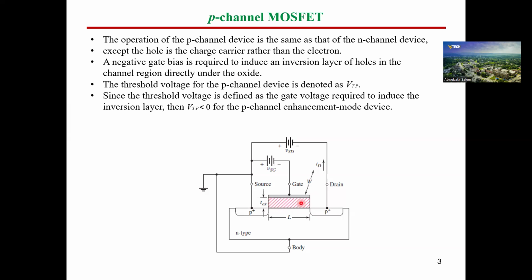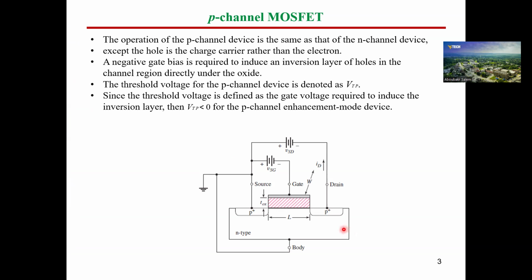But the oxide material is in contact with an N-type semiconductor material. In the N-channel MOSFET, the oxide was in contact with a P-type semiconductor material.